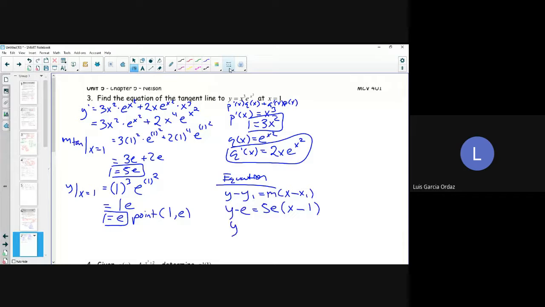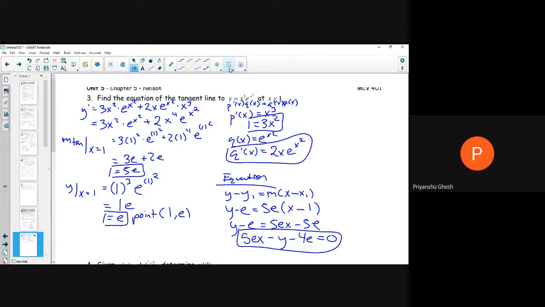So I get y minus e is equal to 5ex minus 5e. I'll move stuff over, which means I get 5ex minus y minus 4e is equal to 0. So that would be my equation of my tangent line in standard form.